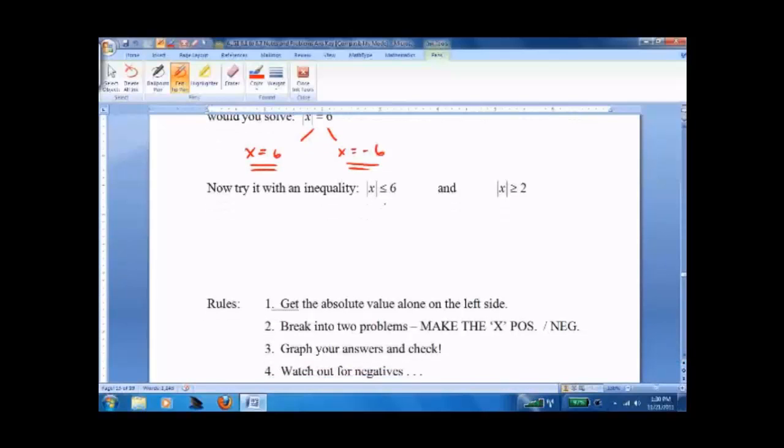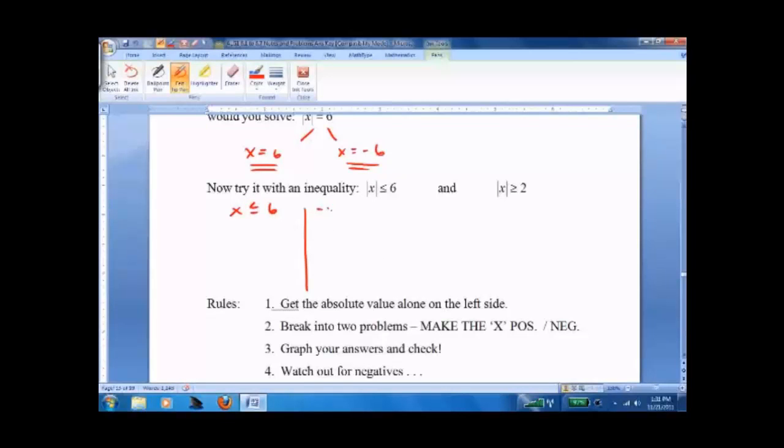Absolute value of x is less than or equal to 6. We break it into 2. X is less than or equal to 6. Leave it alone. My apologies, we have to change the other side now. So one side doesn't change.